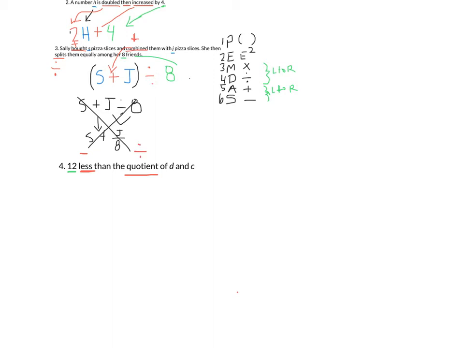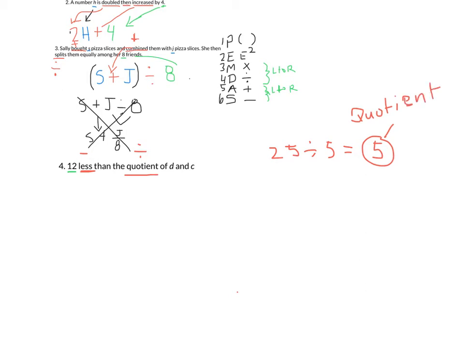So when you're looking at something like 25 divided by 5 equals 5, 5 is the quotient. That's really sloppy. The stylus is not working as well as I want it to.